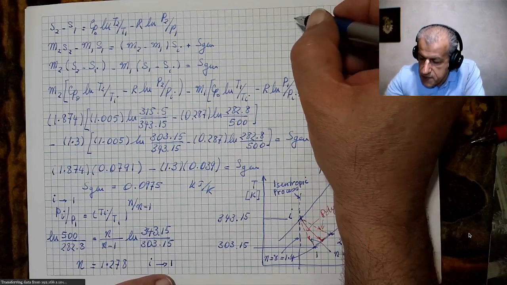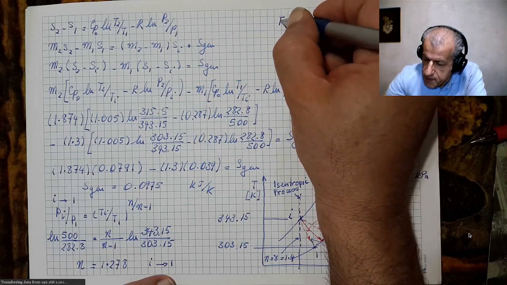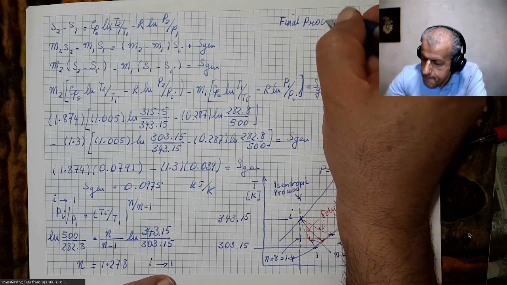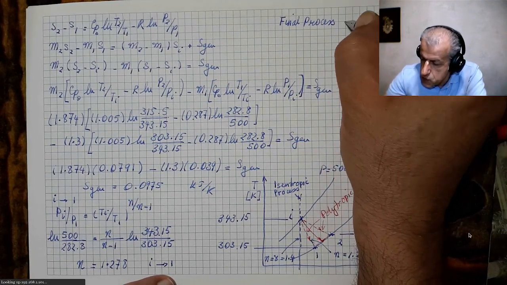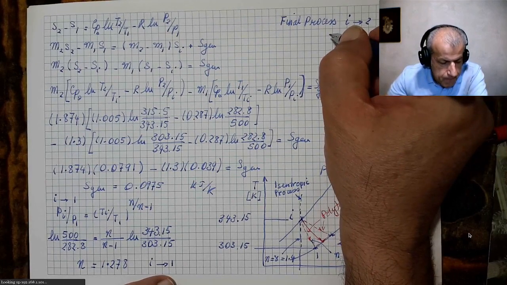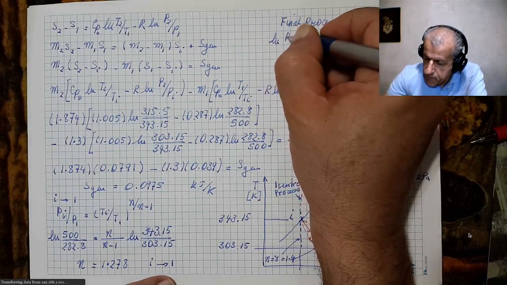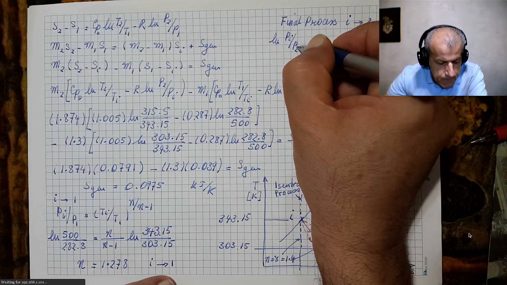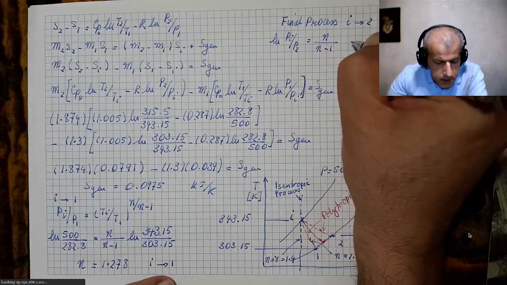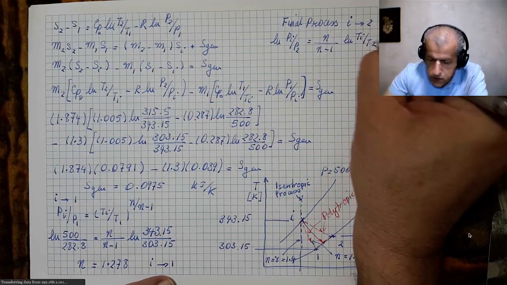So for the final process, which is I to 2, we write ln of Pi over P2 equals n over n minus 1 times ln of Ti over T2.